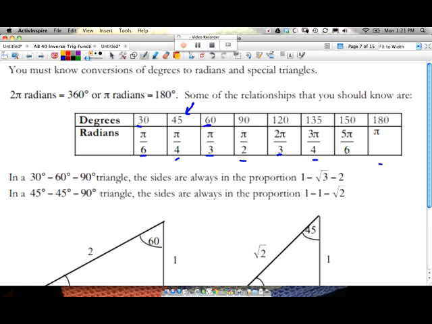And 150, which matches 30 degrees, is 5pi/6. So this is really like the 30s, the 60s, the 60s, the 30s. We've got 45 here, 90, another 45 there, and then another 90, I guess.